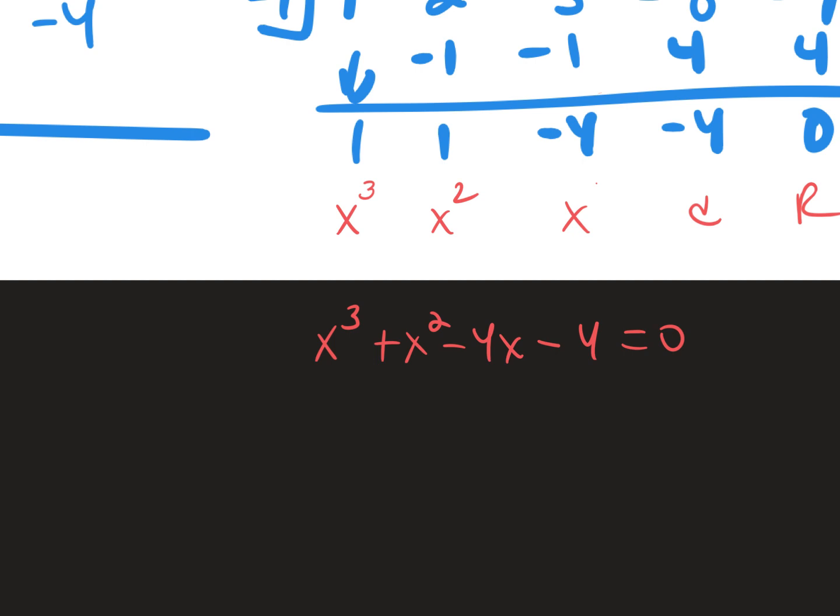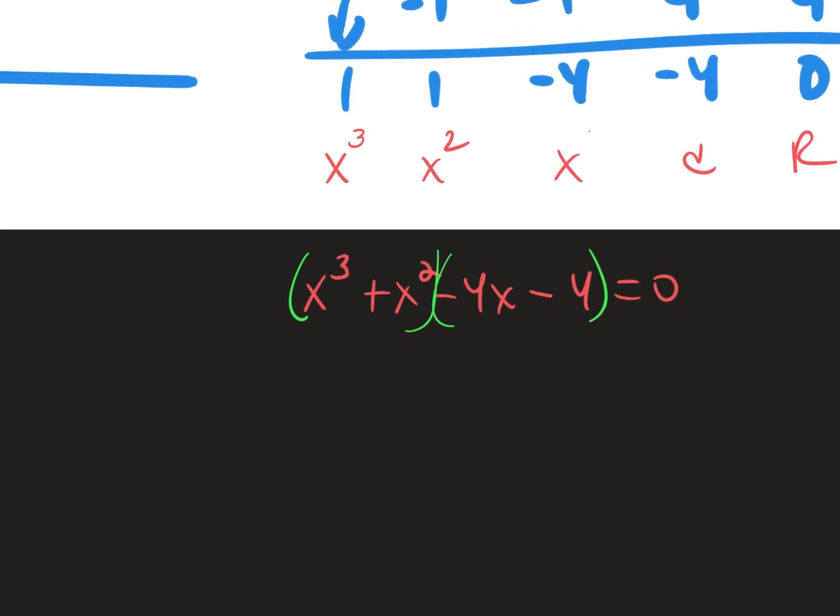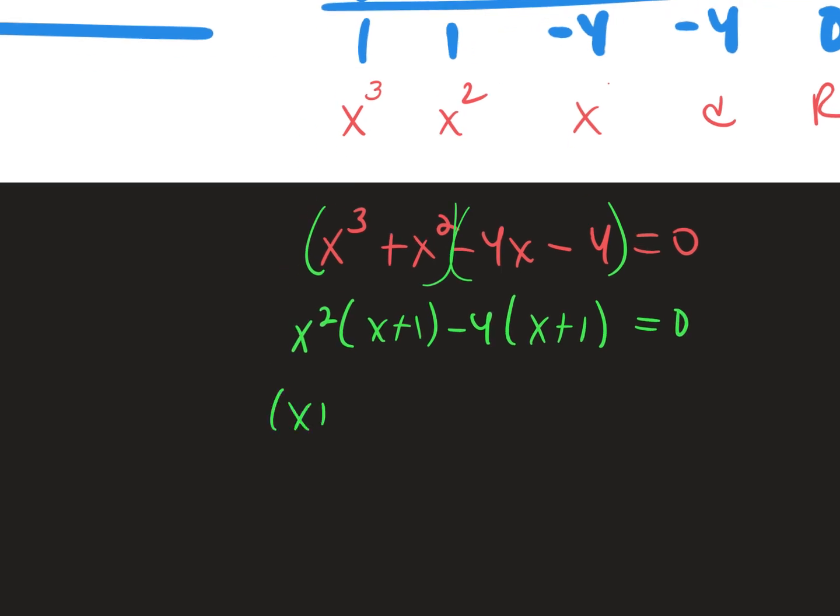No. Let's try grouping. Let's see if it works. Always try, just in case. What can I take out of x cubed and x squared? Take out x squared. I'm left with x plus 1. What can I take out of -4x and -4? -4, I'm left with x plus 1. What's my new GCF that I'm going to write out front one time? X plus 1. What happens with my leftovers? They get their own parenthesis.